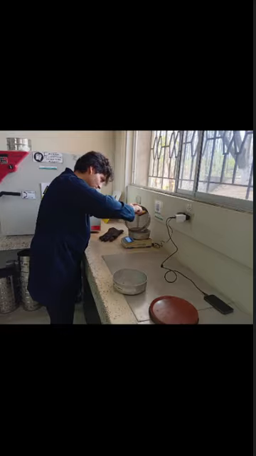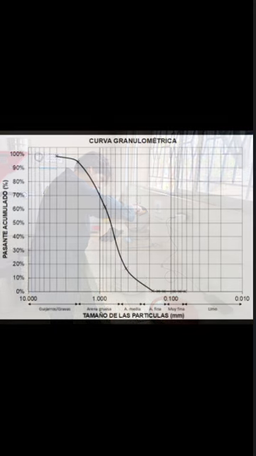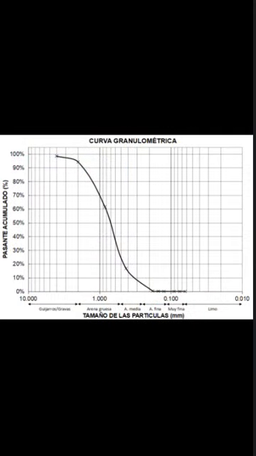What kind of analysis did you do in the lab? We dried the samples and performed a granulometry analysis using sieves to determine the grain size distribution. The results show that the sand was mostly medium to coarse, which indicates a high energy beach environment.